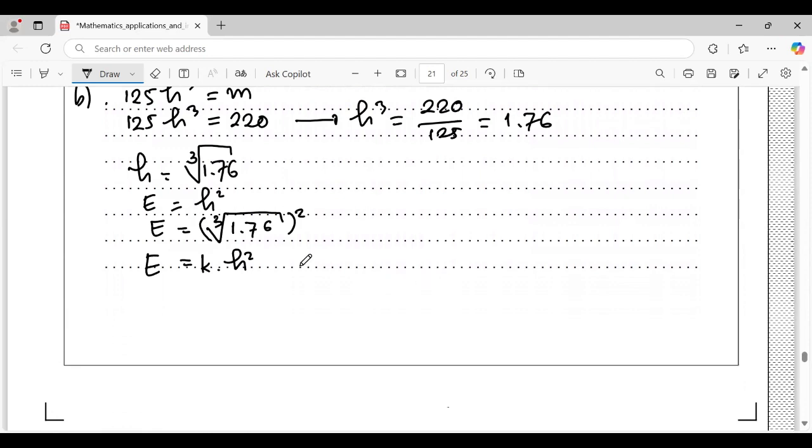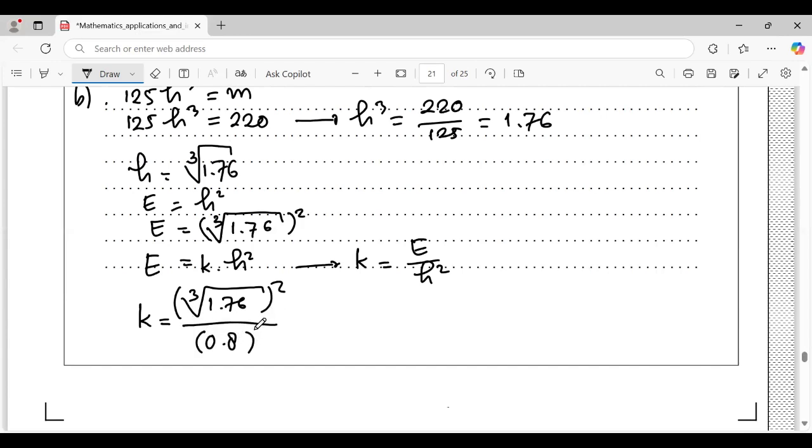So k equals the cube root of E over H squared, which is the cube root of 1.76 squared over 0.8 squared, where H is shoulder height 0.8.